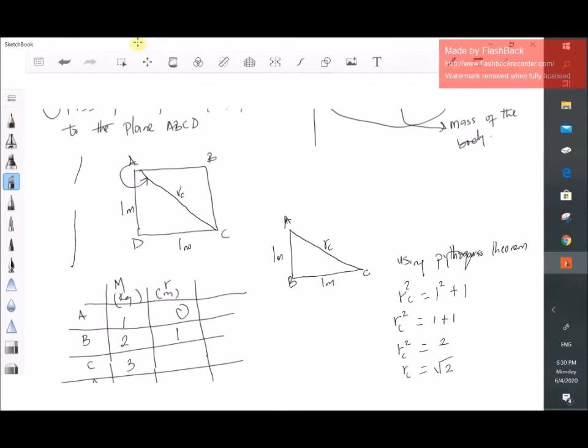So RC equals root 2. The distance from point C to A is root 2. Next, the distance from point D to A, as you can see, is 1 meter.